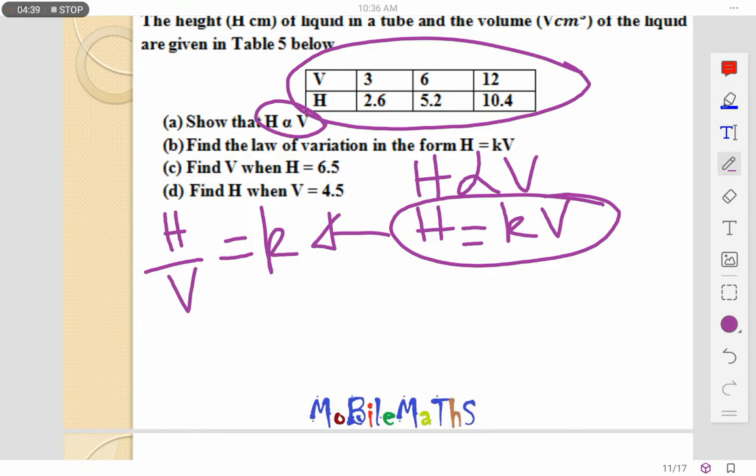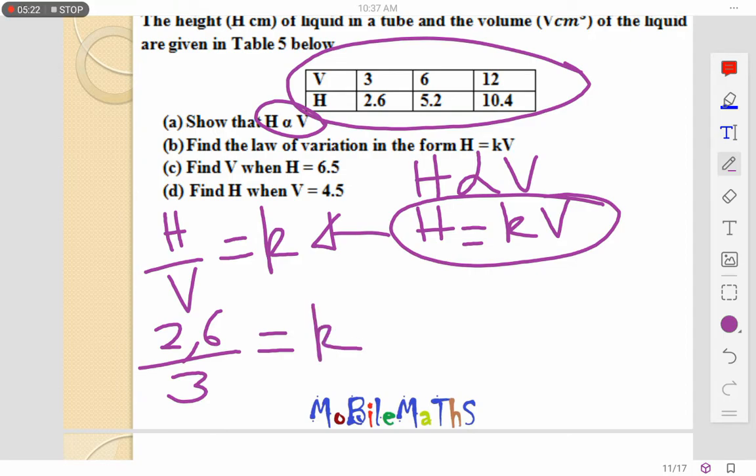So if I have H over V, H varies directly with V. If I divide 2,6 by 3, I should get the same value of k here.